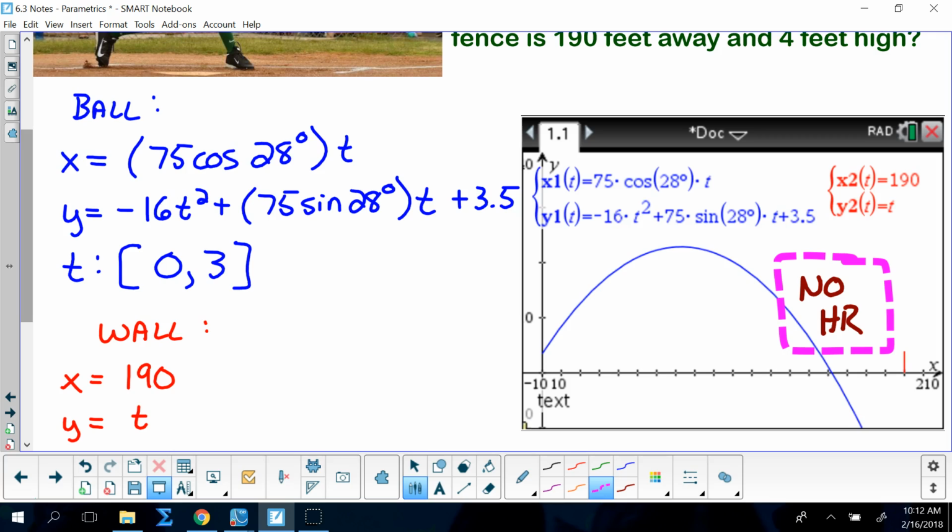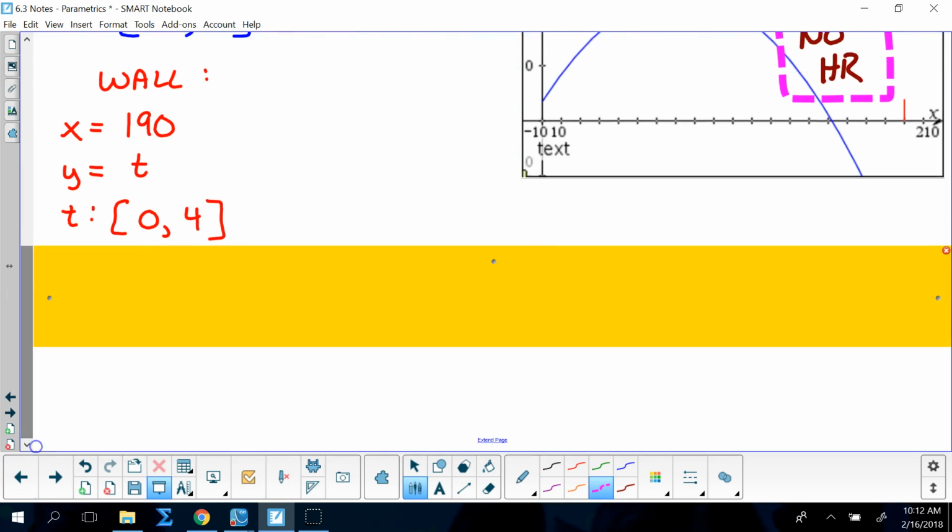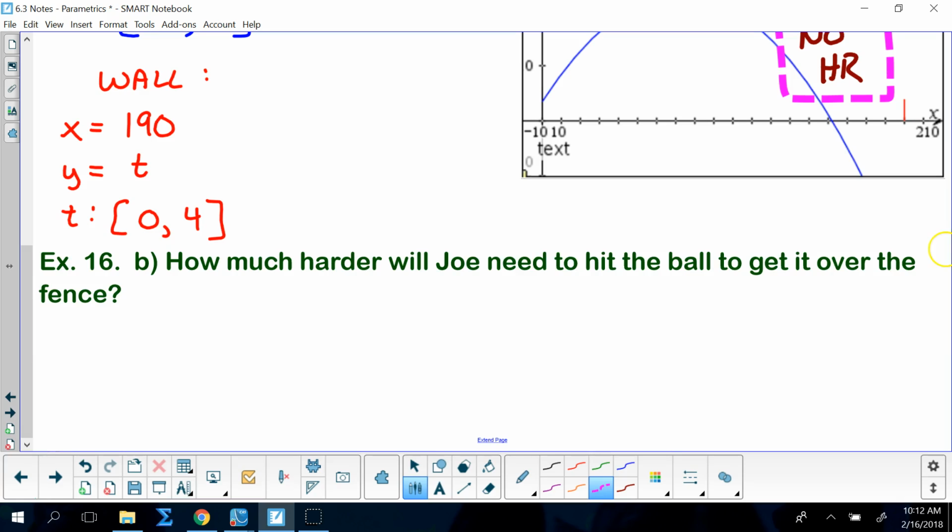Follow-up question to that one is this. How much harder will he need to hit the ball to actually get a home run? Find me the value, the speed at which he's got to hit that ball to get a home run. 86 or 87?